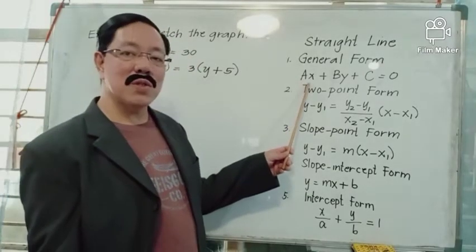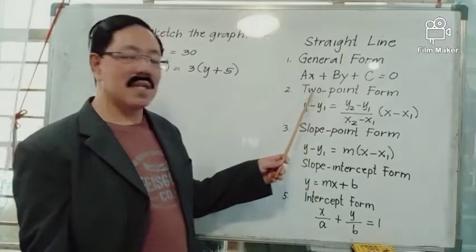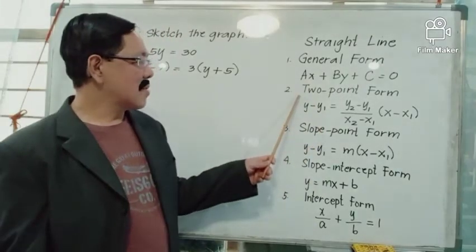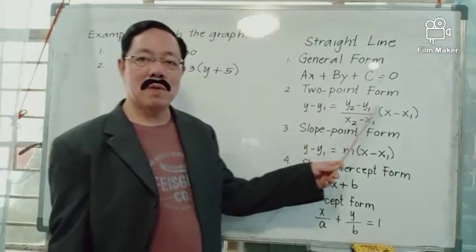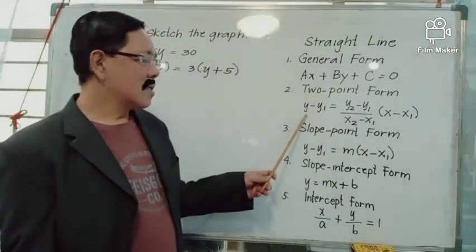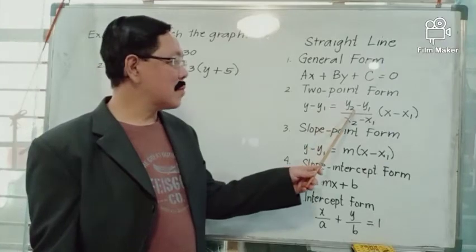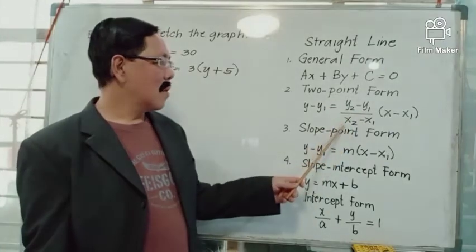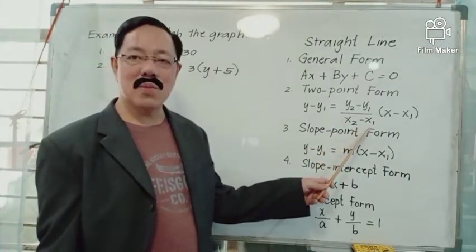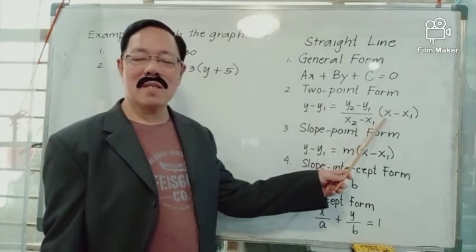The linear equation in two variables x and y can be written in other forms. It can be written in two-point form given by y minus y1 equals y2 minus y1 over x2 minus x1 times quantity x minus x1.